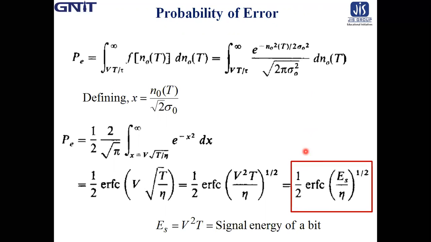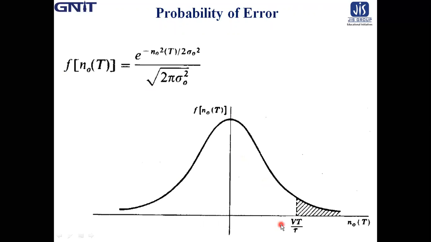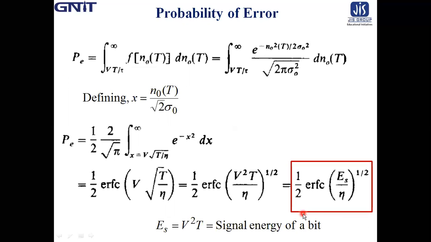Say the probability of error is PE. In this part the error has occurred, so the limit of the integration should be VT by tau to infinity, and the PDF f(n0(T)) dn0(T).